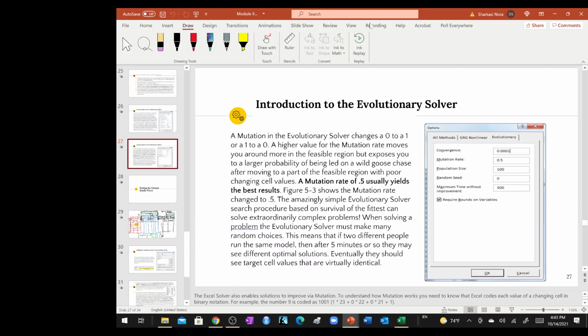Anyway, it takes about 5 minutes to get the answer. But most importantly here, add a 0 over here, set the mutation rate to 0.5, and make sure that the maximum time without improvement is 300, and the population size, in this case, is 100.